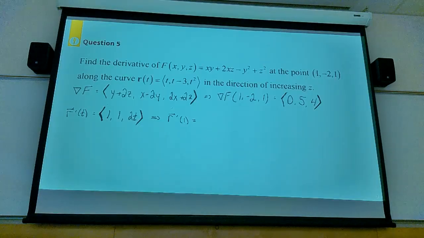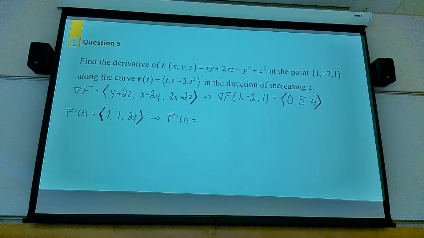Yeah, because of the x and y component. You said x and y component as well, of the R prime, the derivative. So you're right to look at the components, but you're looking at the wrong one. Remember, we're moving along a curve, right?